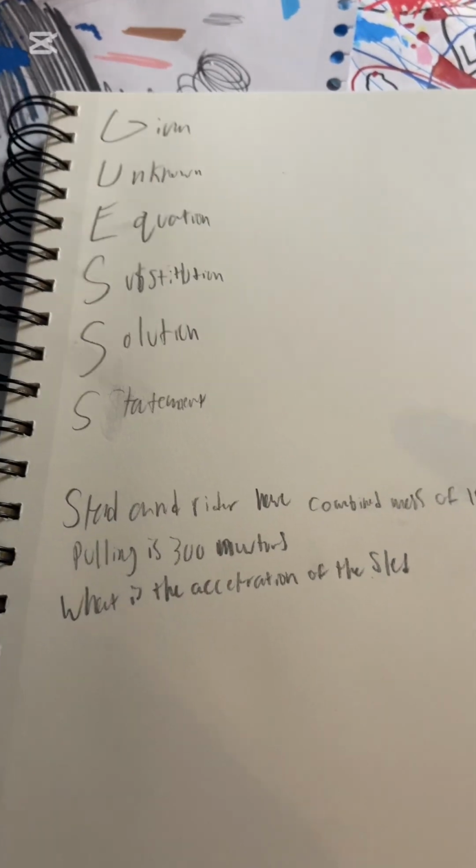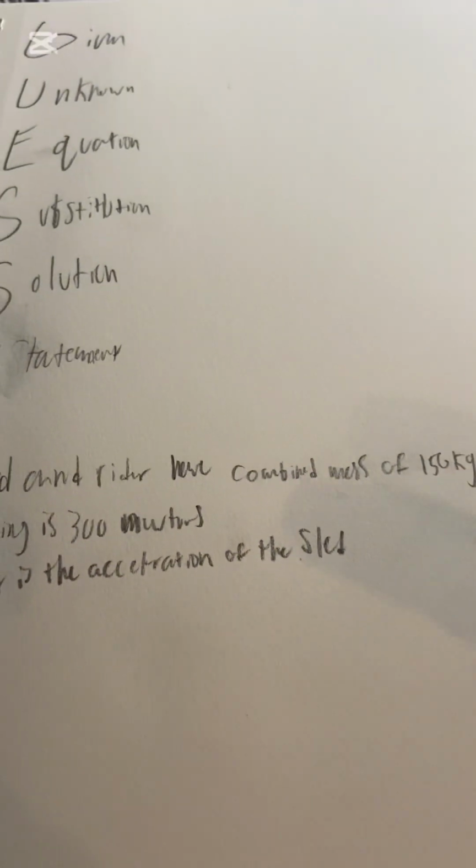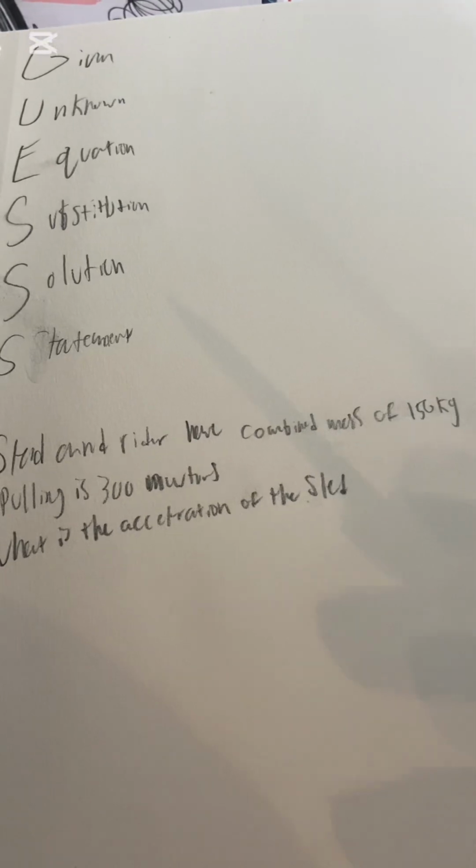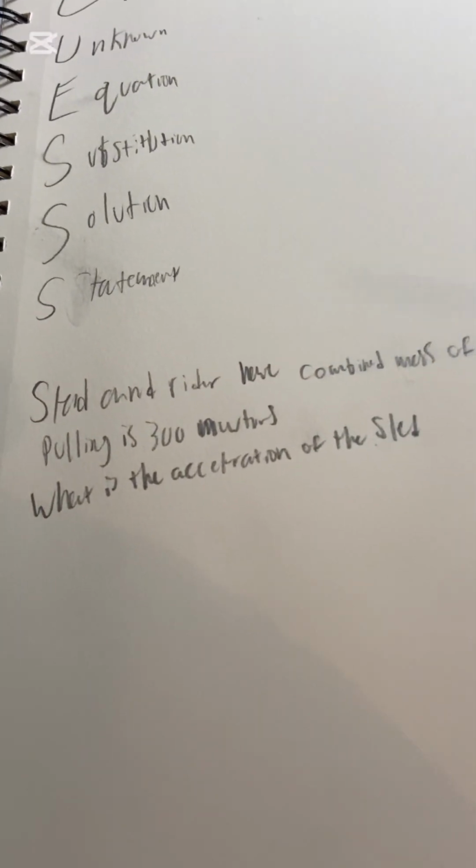Okay, now time for the GUESS equation. What we're given here is the sled and rider have a combined mass of 150 kilograms, and the net force from the dogs pulling is 300 newtons. What is the acceleration of the sled?